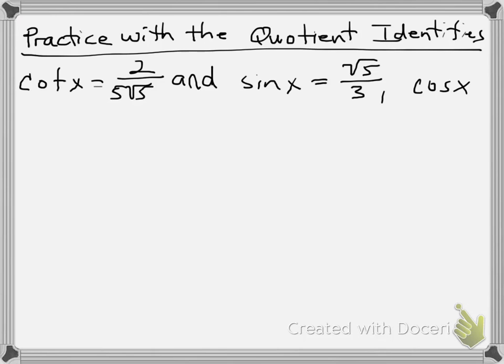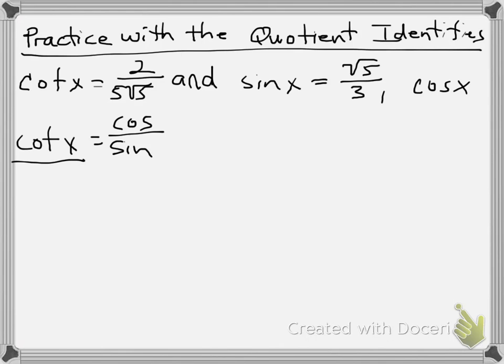Alright, we know that the cotangent of x is really equal to the inverse of tangent, which was, of course, sine over cosine. So the tangent of x really is going to equal the cosine over the sine value.